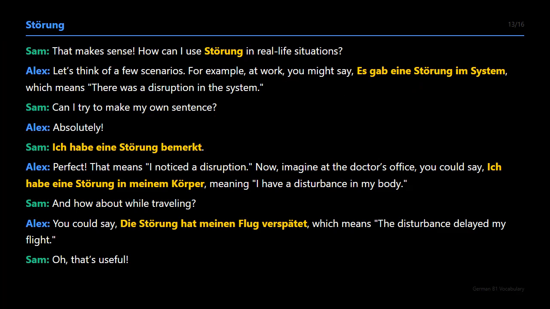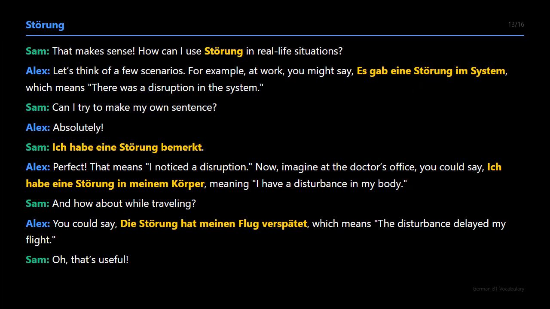Ich habe eine Störung bemerkt. Perfect. That means I noticed a disruption. Now, imagine at the doctor's office, you could say, Ich habe eine Störung in meinem Körper, meaning I have a disturbance in my body.